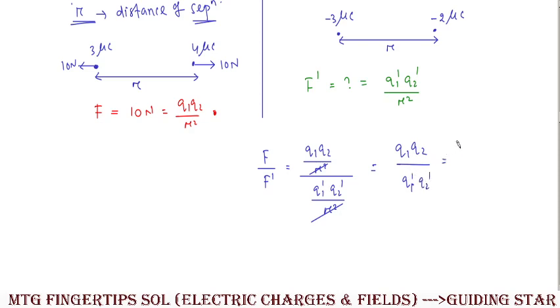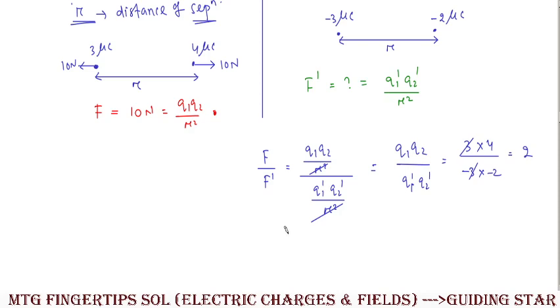The value of q1 q2 is 3 and 4, so this is 3 into 4 divided by minus 3 into minus 2. So 3 gets cancelled, minus minus becomes plus, so it becomes 2. So the ratio of these two forces upon adding the new charge will be 2:1. Clear?